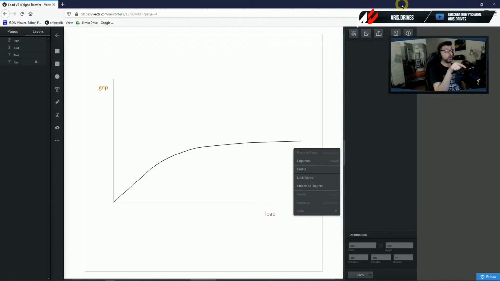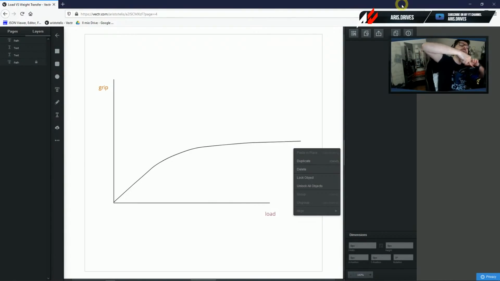Now obviously you can feel some grip. You slide your finger into a surface and you feel some small resistance. When you push your finger down on the surface, you feel more resistance. This is grip. You generate more grip because you're pushing more.